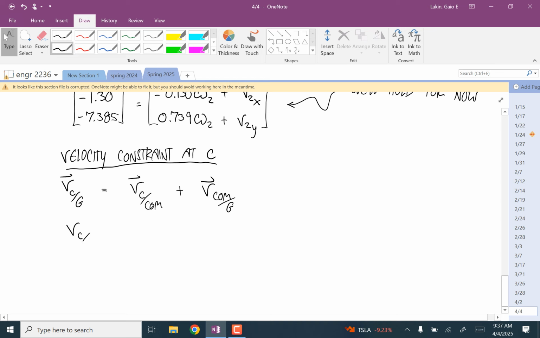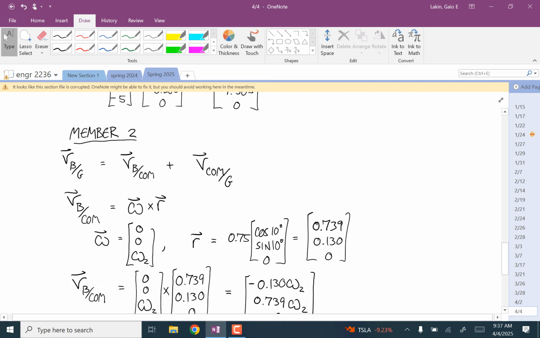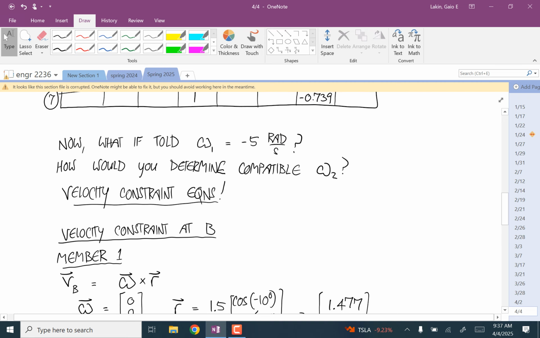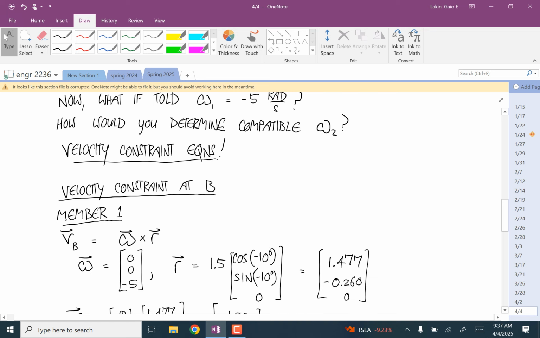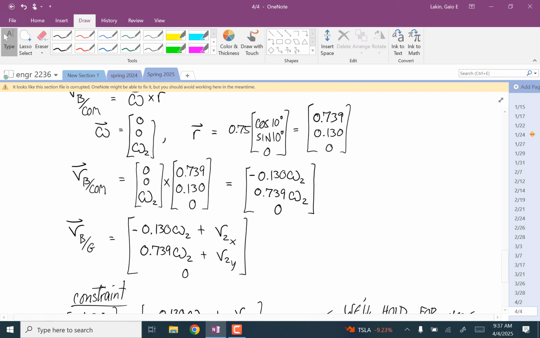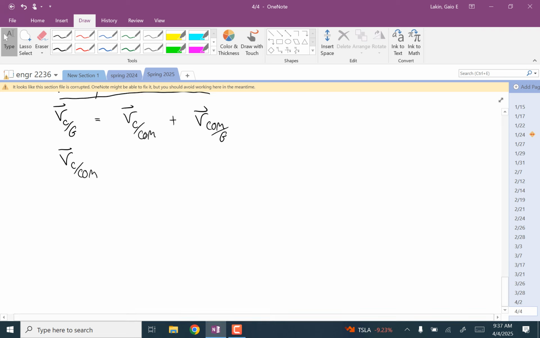The velocity of C relative to the center of mass. Is the ground in this case the wall, or is the ground like down? Yeah, the ground always just means something fixed in the coordinate system. So it's the wall in this case, yeah. Just anything that's fixed in the coordinate system.